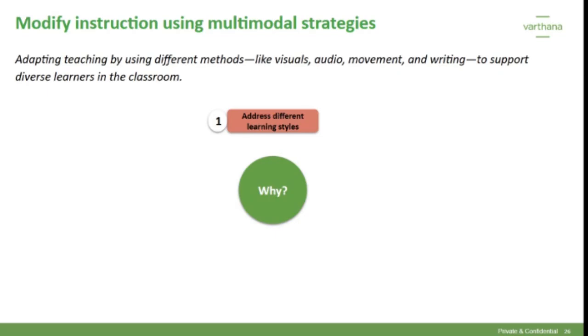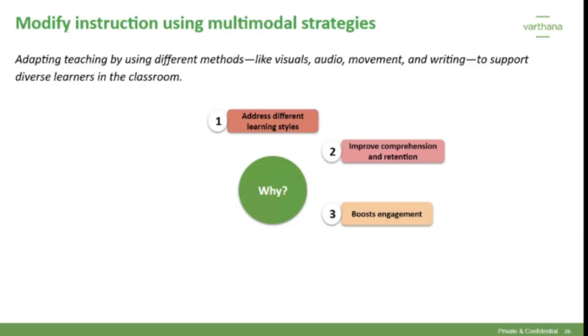Then you will find a lot of passive learning, like we saw in the first case study. I think it's Anita ma'am, who was teaching with only one method, and most of the students became passive. They were not actively involved in the class. Then improve comprehension and retention. This is one more reason why we have to introduce multimodal instruction in the classroom.